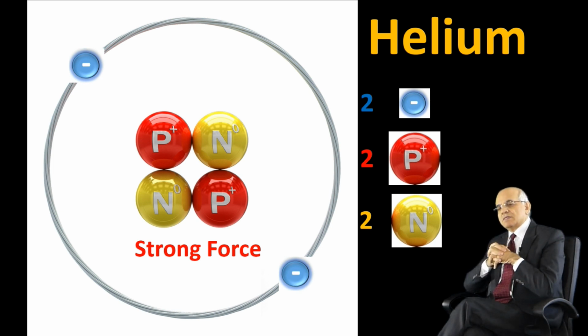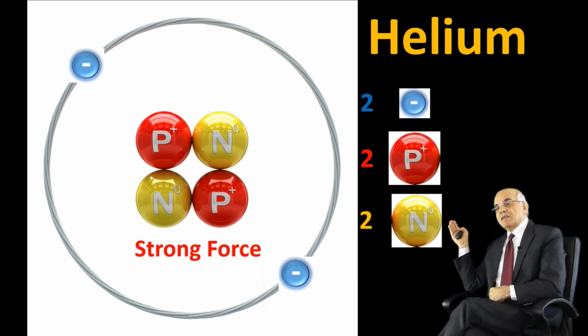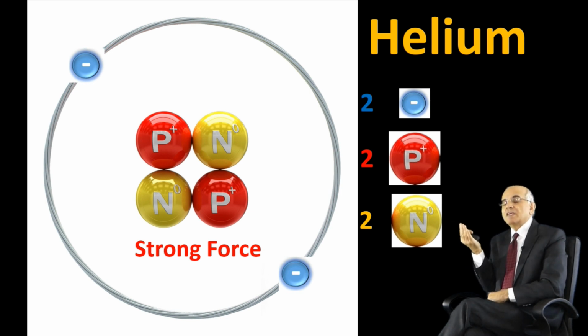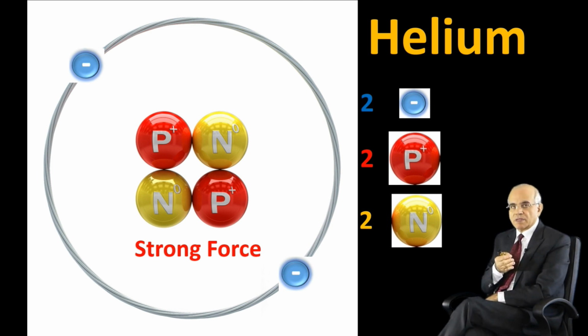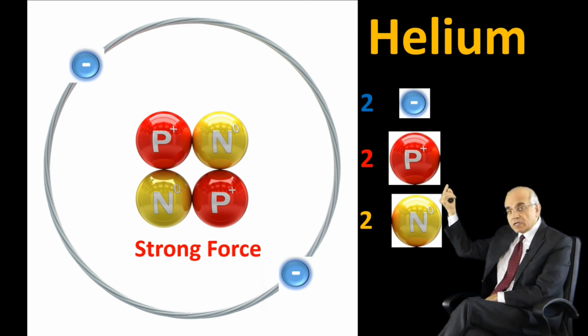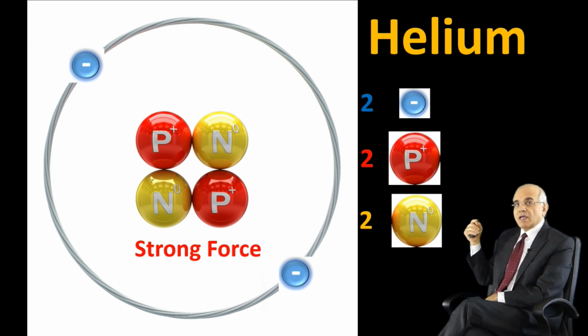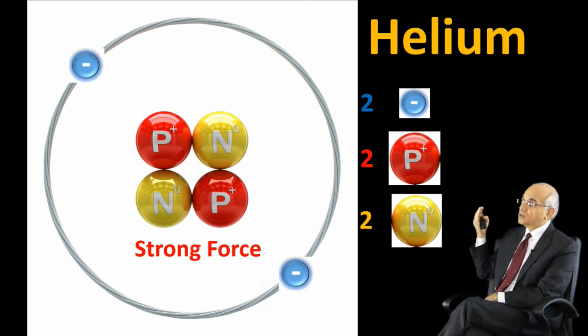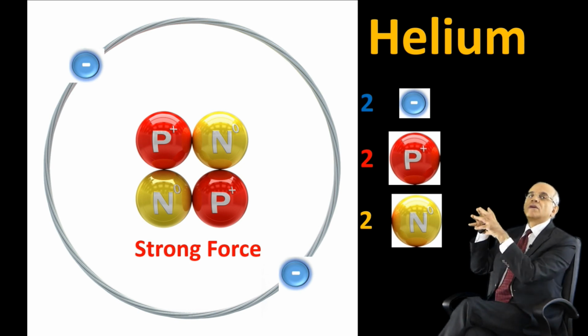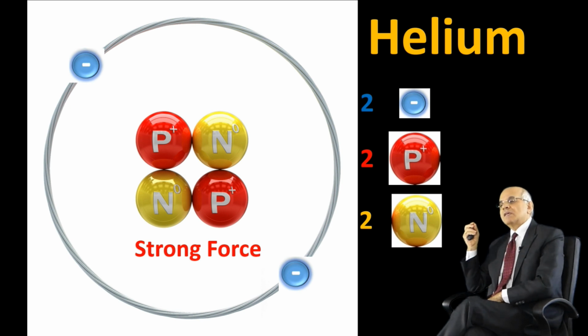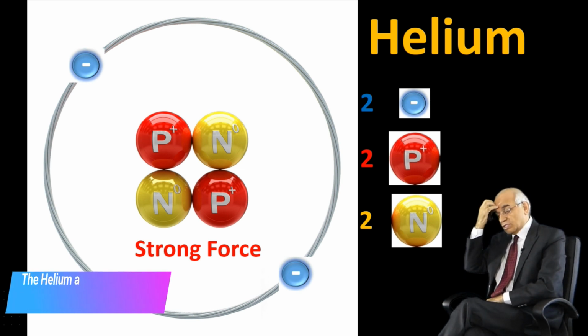Well, so that makes the helium atom 4 times more heavy than the hydrogen atom. Because the hydrogen atom has only 1 proton, and the helium atom has 2 protons and 2 neutrons of almost the same weight, mass, and so the total mass of the helium atom is actually 4 times that of the hydrogen atom. Okay, that's good.